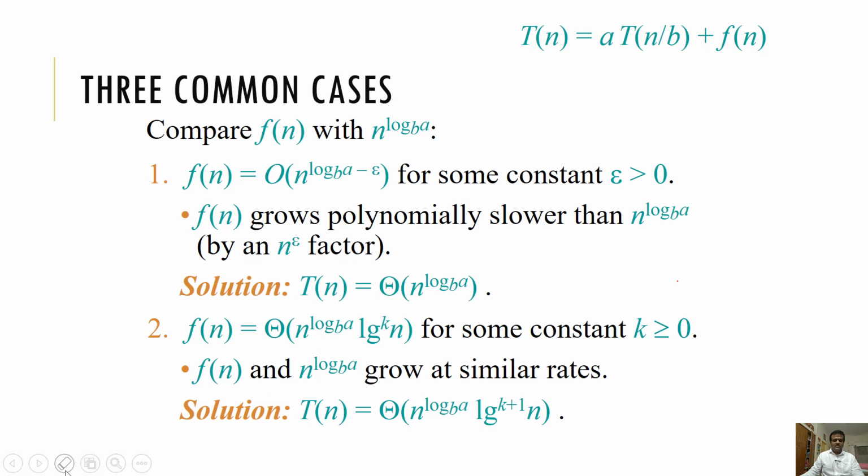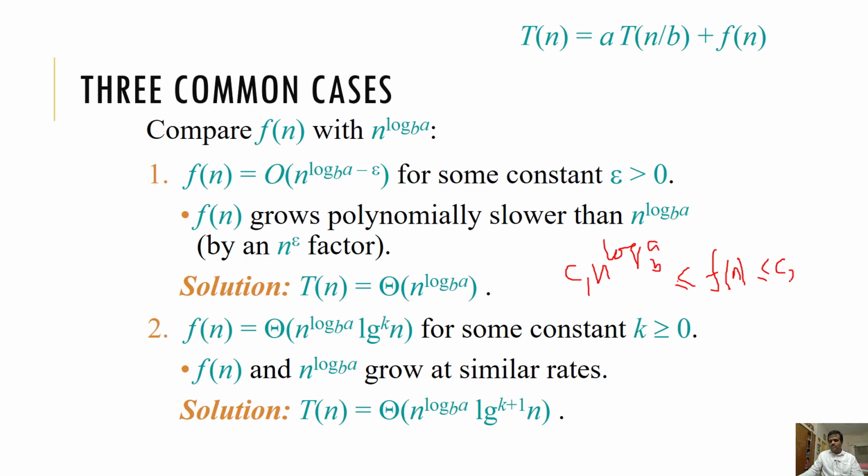In that case, we have c1 n to the power log a base b less than or equal to f(n), which is less than or equal to some c2 n to the power log a base b.